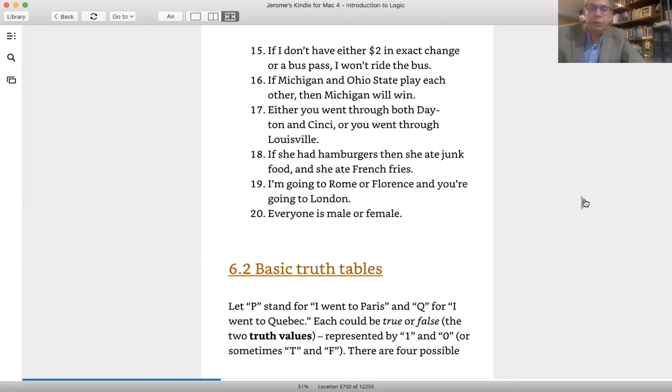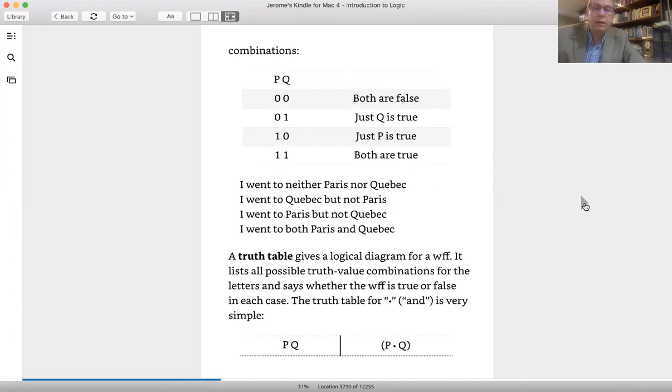6.2 takes you through the truth tables that I was discussing with you just a few moments ago. Read through this, and it does exactly the same thing, even using similar or the same examples. It explains truth tables, logical diagrams, or pictures of all of the possible truth combinations for, at this point, the basic symbols or the connectives.